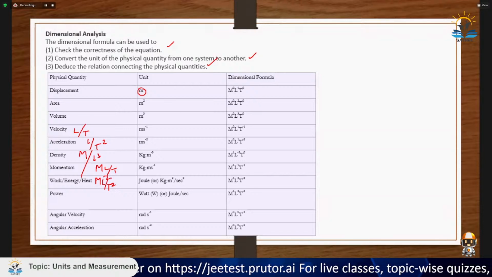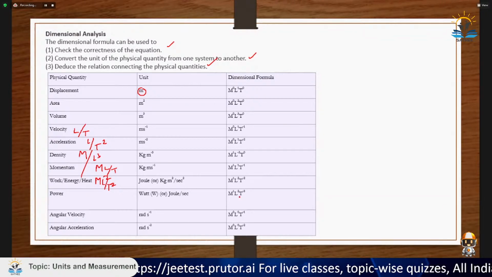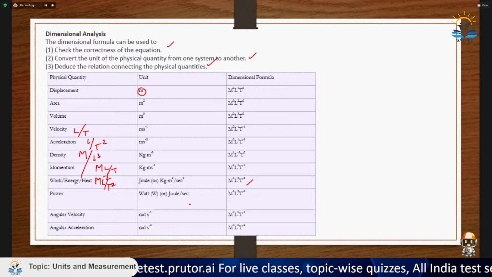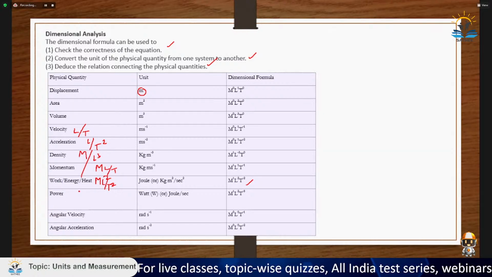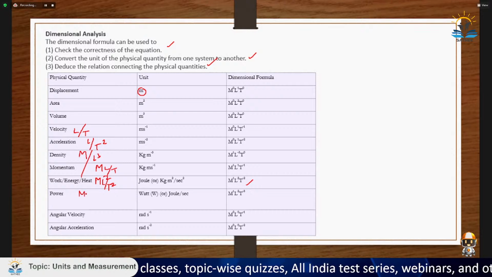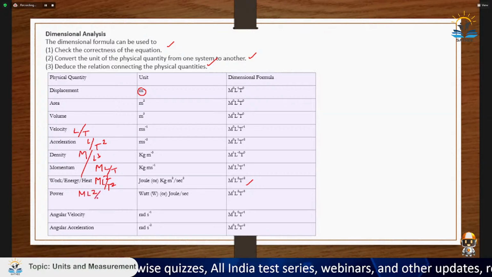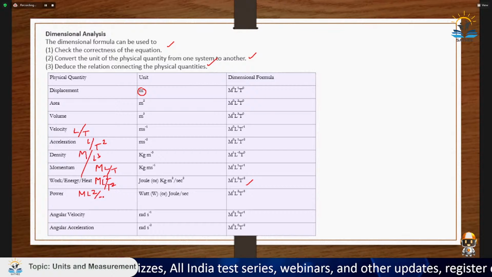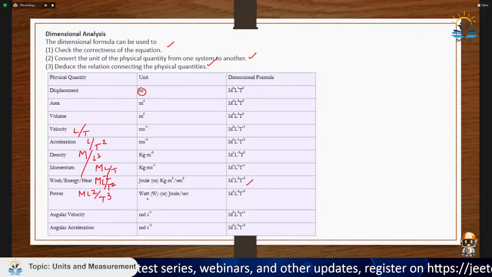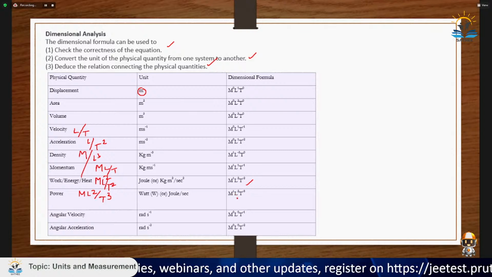So it would be M L squared upon T square. So M L2 T minus 2. Okay. Then power is work upon time. So divide it once again by time. So it would be M L square divided by T square, which was already there, and since it is power, we will divide it once more by time. So we will get T cube. So it would be M L2 T minus 3.